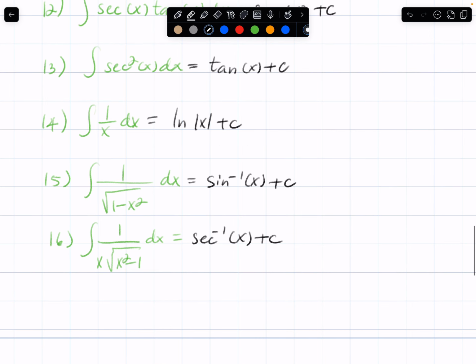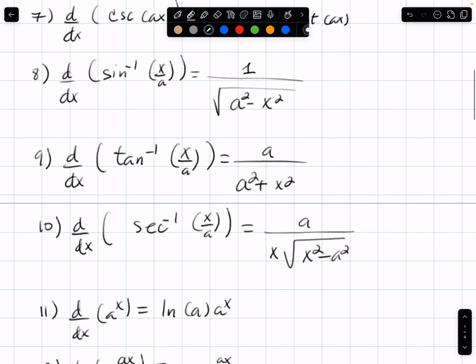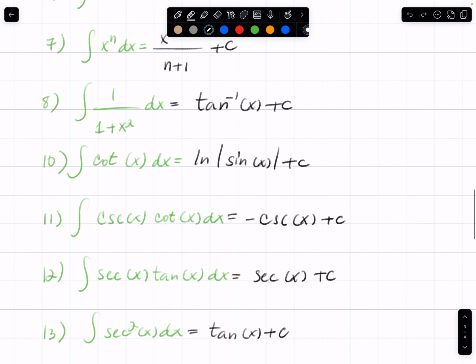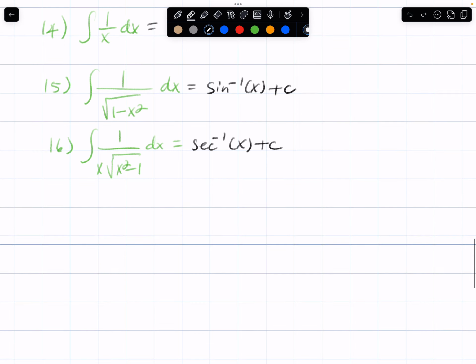If you look at all these, and then go back and look at the derivatives, they almost look like they're the antiderivative of that stuff. So if you pay attention, that's what we're doing, right? Okay, so that's where we are.